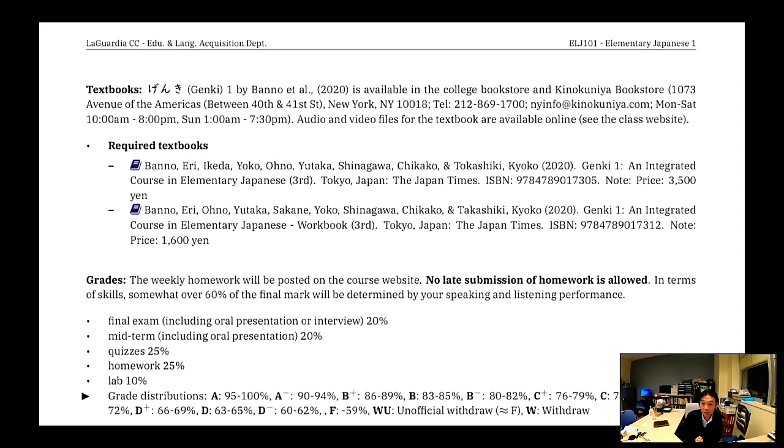I usually assign the assignments by page numbers, so I say things like page 16 and 17. If you get the second edition, you usually have to figure it out by yourself because the page numbers don't match. So it helps to get the latest edition so as not to get confused by different page numbers.